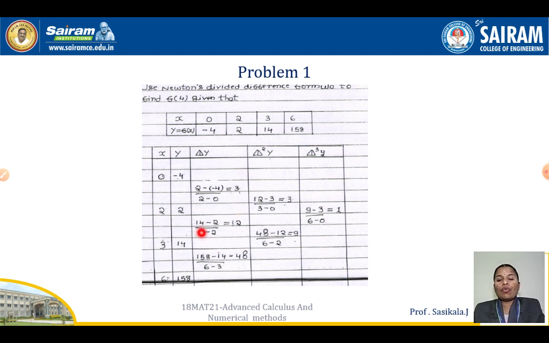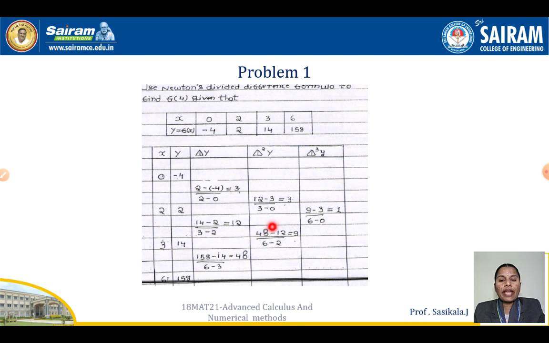For the next one, y2 minus y1 by x2 minus x1: 14 minus 2 by 3 minus 2, which is equal to 12. And the next one, 158 minus 14 by 6 minus 3, which gives 48. So the first divided difference column is 3, 12, 48.